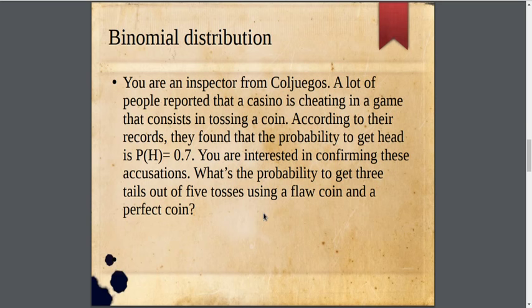What's the probability to get 3 tails out of 5 tosses using an imperfect coin, and a perfect coin? So basically, the game consists in tossing a coin, and you would like to compare both results: the probability to get 3 tails out of 5 tosses in both coins.